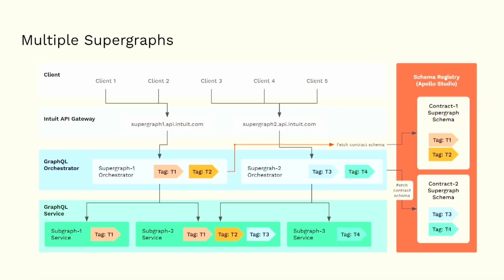Okay, at runtime, the GraphQL orchestrator here, or the supergraph orchestrator, gets the supergraph schema from the contract, not from the actual graph itself. So it just pulls it from there, and based on that, it knows what subgraph it has to connect to at runtime.